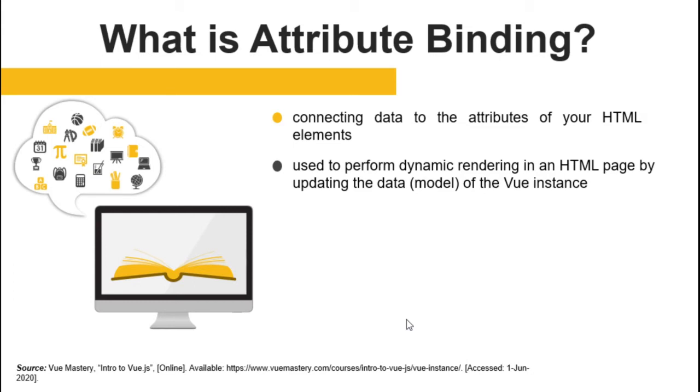Now, to make it simple, when we say attribute binding, let's say for example, inside your HTML, you have an image tag. An image tag has an src attribute.